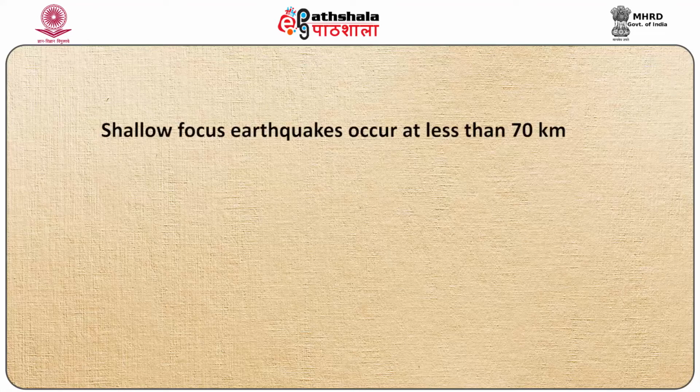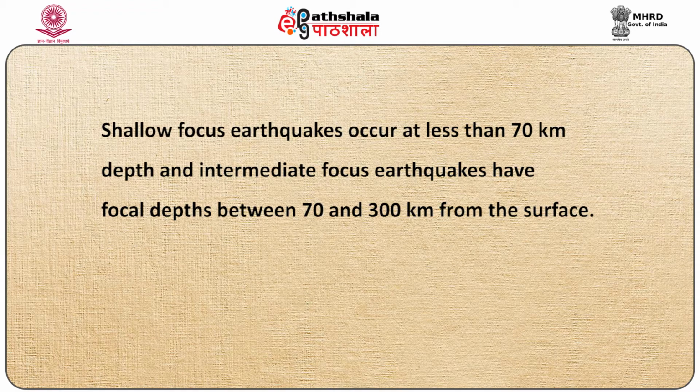Depending upon the focal depth, three categories of earthquakes can be recognized: shallow focus, intermediate focus and deep focus. Shallow focus earthquakes occur at less than 70 kilometers depth, while the intermediate focus earthquakes have focal depths between 70 and 300 kilometers from the surface, while those with the foci located at a depth of more than 300 kilometers are categorized as deep focus earthquakes.